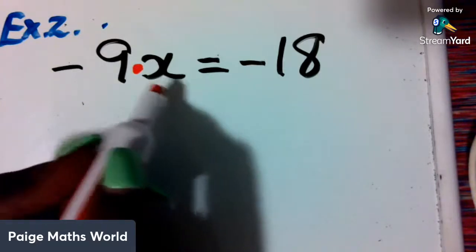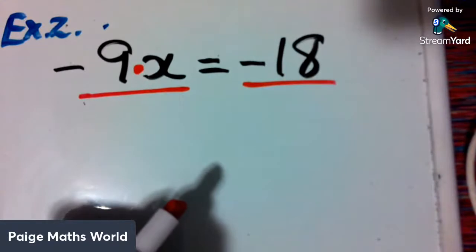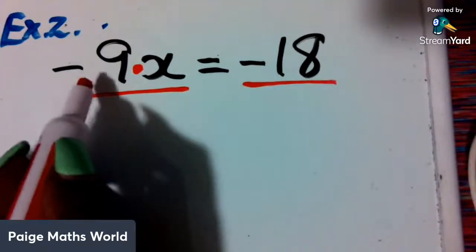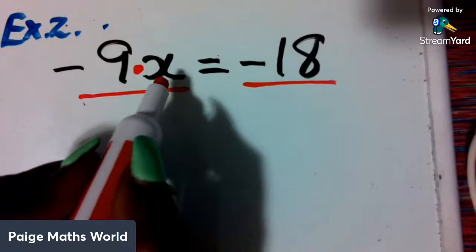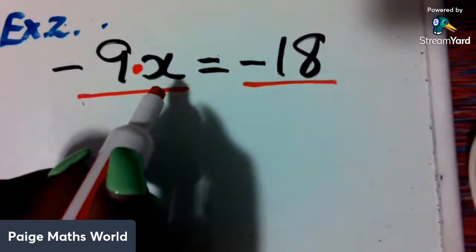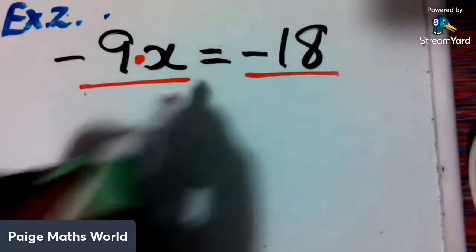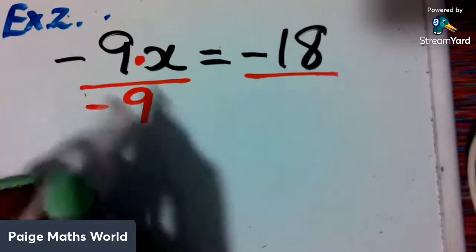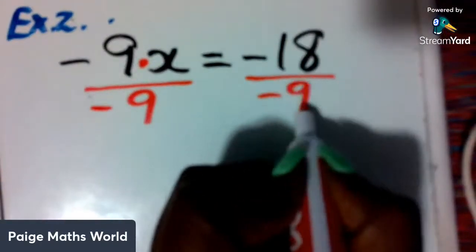So I need to divide both sides by what is attached to the x. We are seeing a -9 here, and it's attached to the x, and I need this x by itself, right? So the first thing I'm going to do is divide both sides by what I need to get rid of. Again, I need to get rid of -9, so I'm dividing both sides by -9.